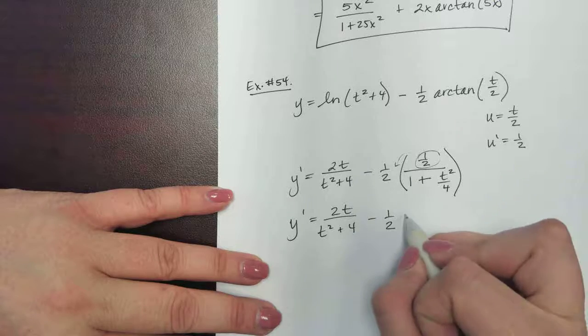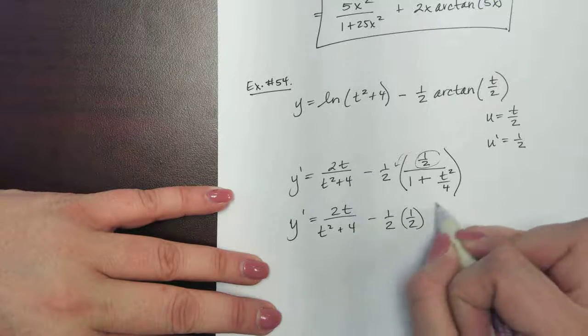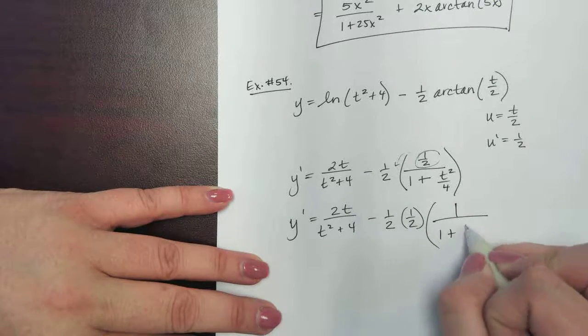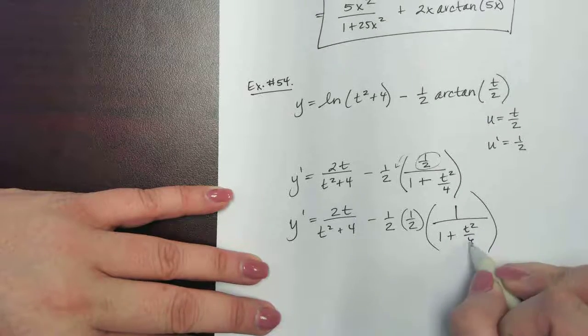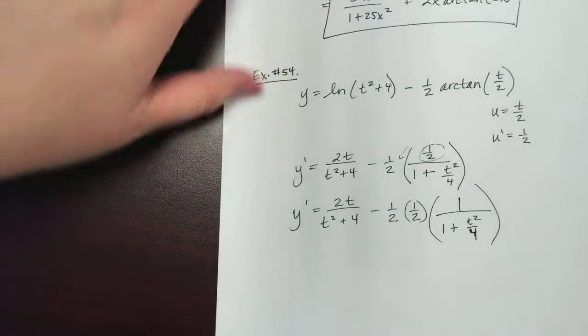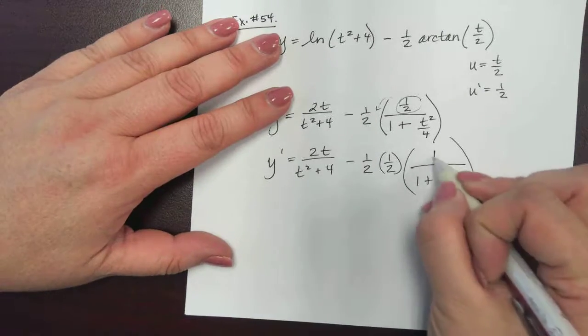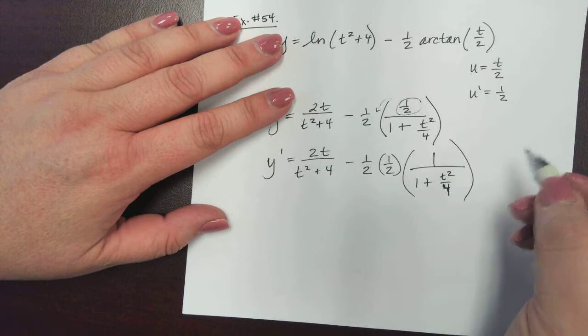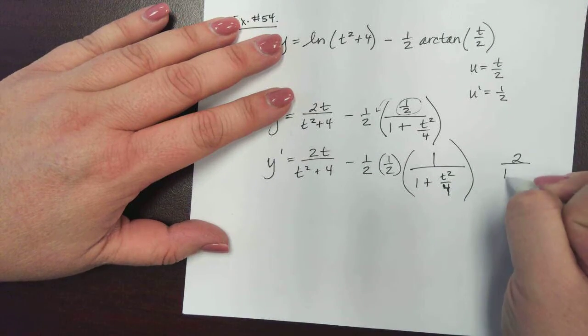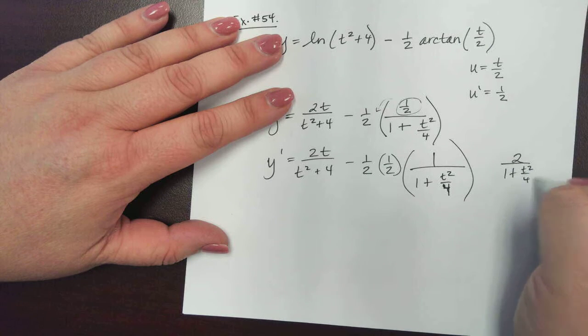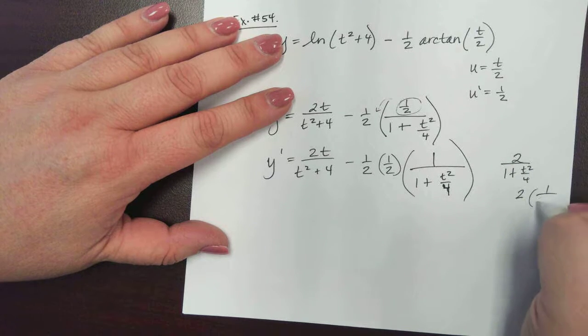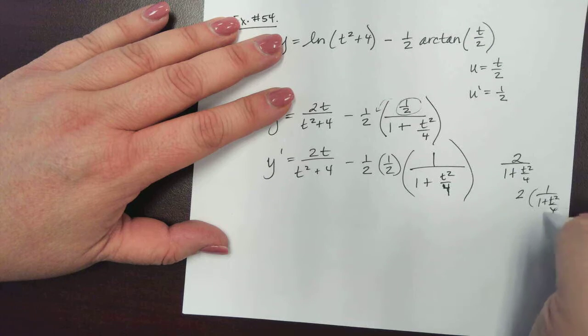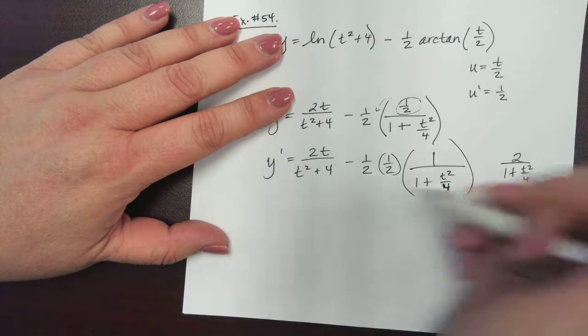I can bring this out front: 1/2 times 1 over 1 plus t squared over 4. So we just say 1 over 4. How can we just go off that? Well, it'd be the same as if I had a 2. If I had 2 over 1 plus t squared over 4, that's the same as 2 times 1 over 1 plus t squared over 4. That's why I can do that.